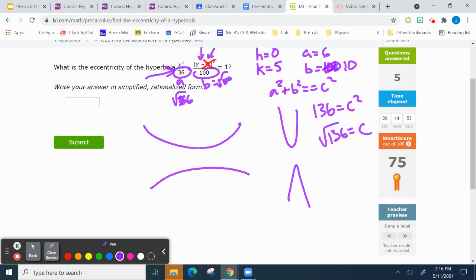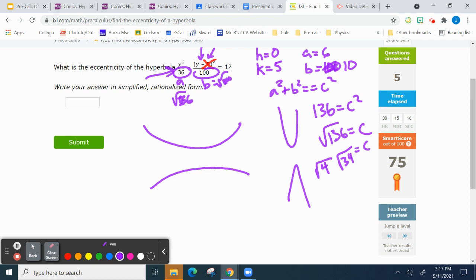So what are we going to do with this? Well, we could try 4. It's probably divisible by 4, right? 136 divided by 4, yep. So that's going to be the square root of 4 times the square root of 34 equals c. Do you think 34 has an even square or something there? I don't know.